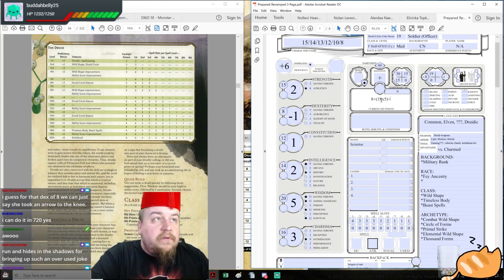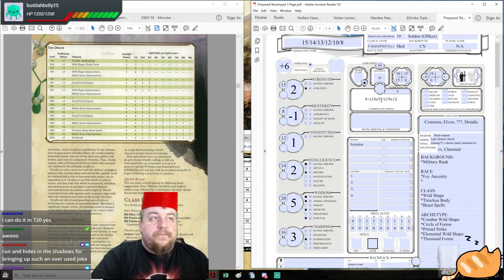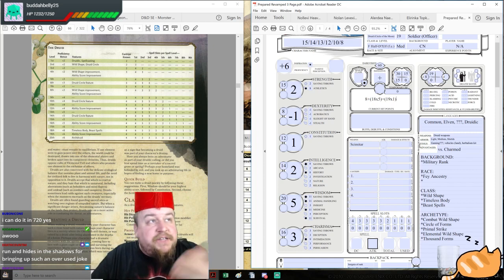You also get bonus hit points for your Constitution modifier. For every level, not just first. So this is going to be all 19 levels. She's going to get 1 extra hit point. So this is as complex as it gets. Here's your algebra.